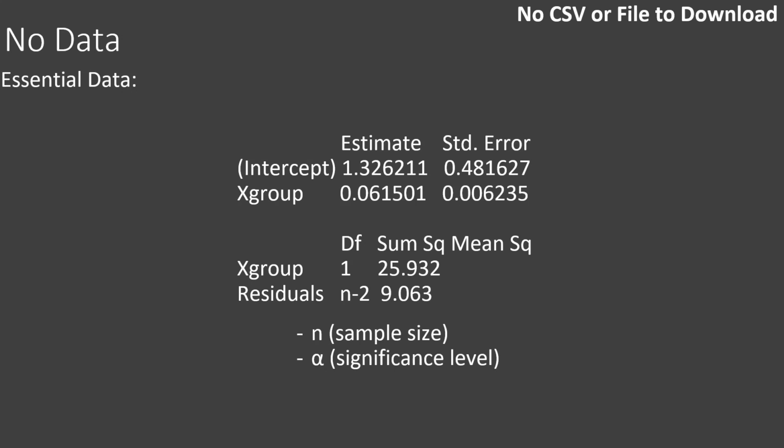So let's say the total degrees of freedom you get in a question is 100, right? Well, if it's blank, then you know that your X group, or regression degrees of freedom, is just going to be 1. And by process of elimination, your residuals degrees of freedom is going to be n minus 2, so 100 minus 2, which is 98. Okay, so just as an example.